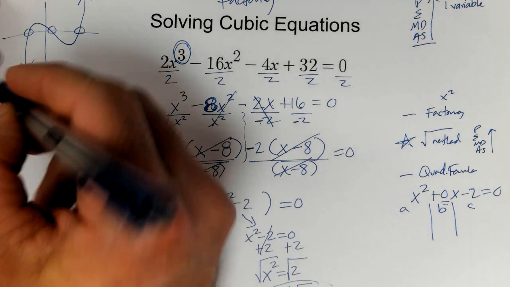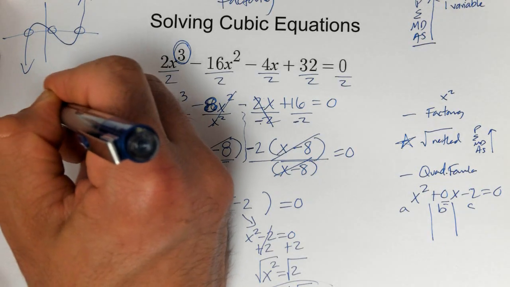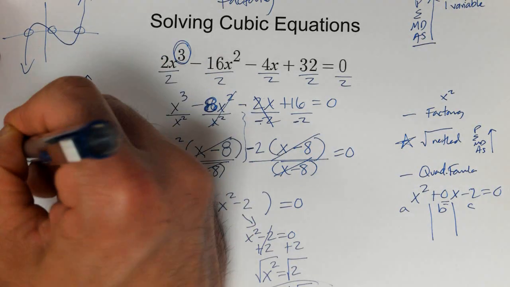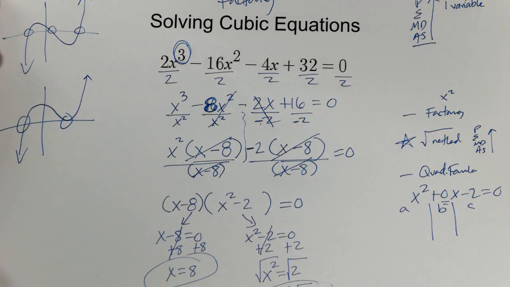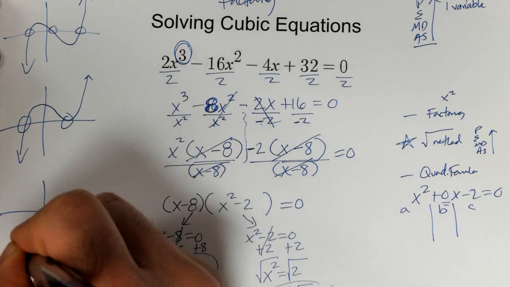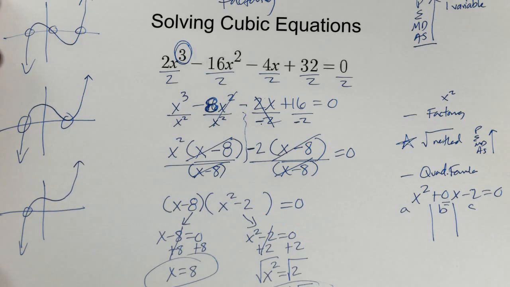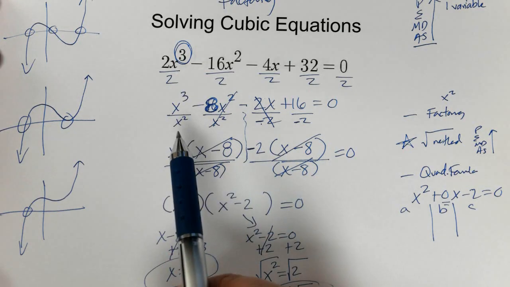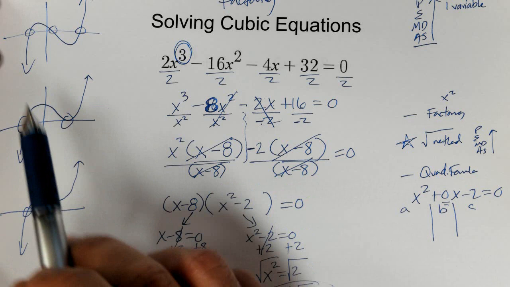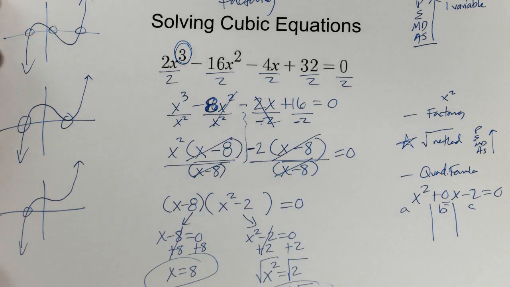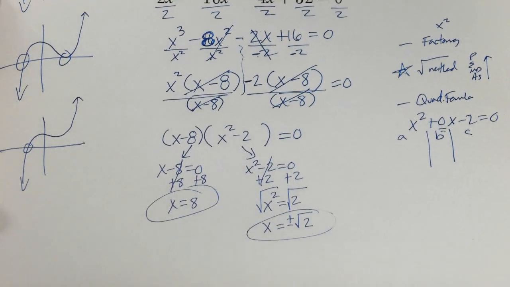It could have less. It could look something like this, where it crosses twice, or maybe it just crosses once. But a cubic polynomial will never have more than 3 solutions. It can only cross 3 times at most. And here we can see that with our example.